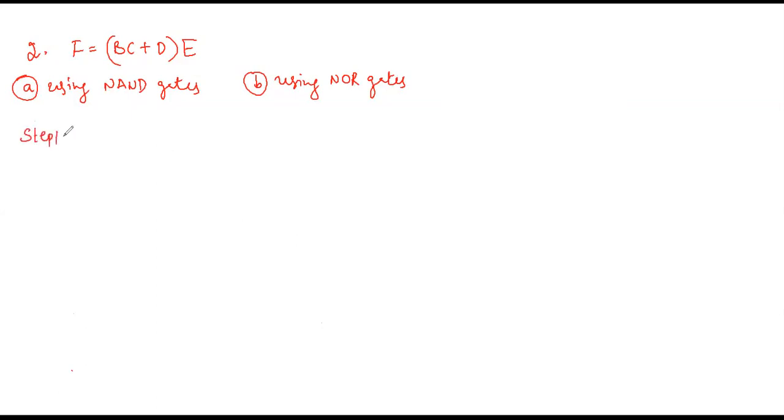Step 1, step 2 common. In step 1, simplify the Boolean expression into two variables by considering two variables as a group.